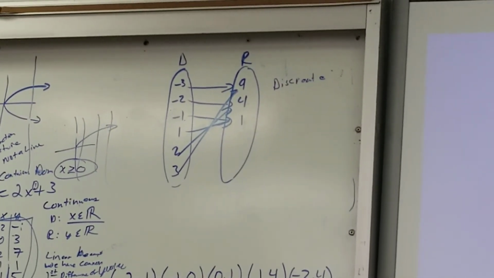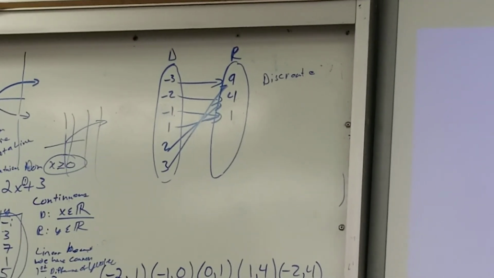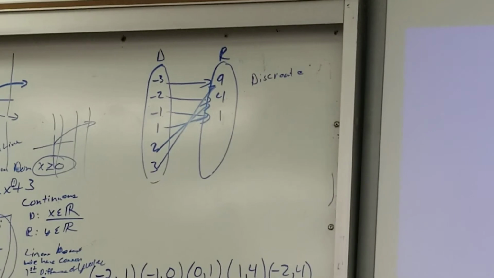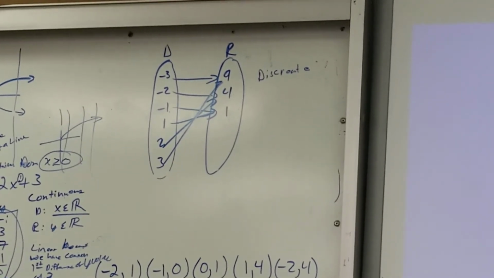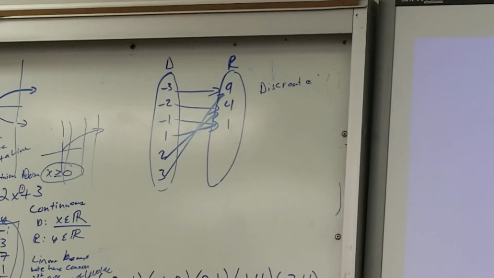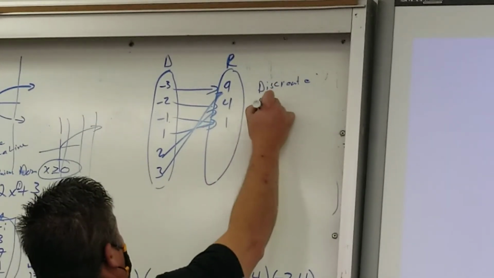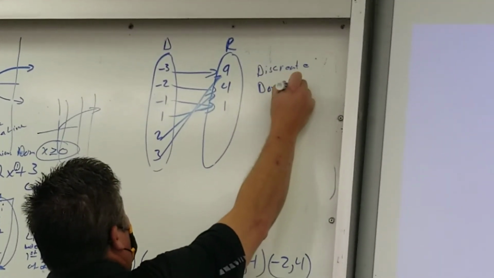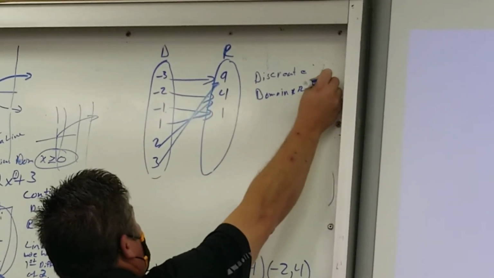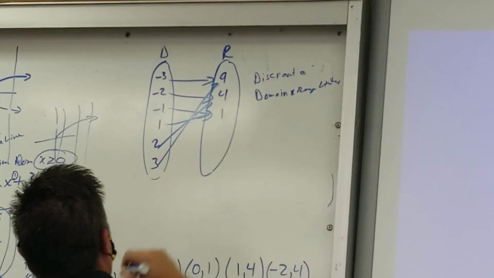Is it unlimited in the number of things in the domain and range? No. Is 18 in the domain? No. Therefore, if the domain and range are limited, it's discrete. So I'm going to write that. Domain and range are limited. So that's why we know it's discrete.